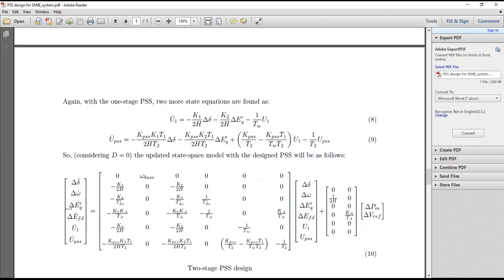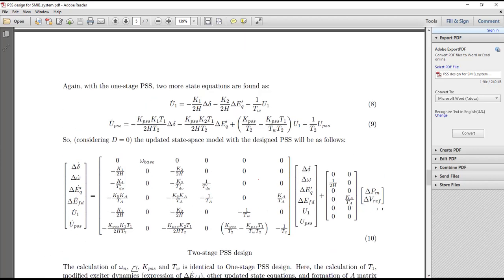It's not exactly the classical second order model, but it is simplified because the generator model itself can go up to 8th order, but for this course we are taking only a third order model. Then the exciter is a single first order ODE, so it becomes a fourth order model. Then with the single stage PSS, it becomes a sixth order model.